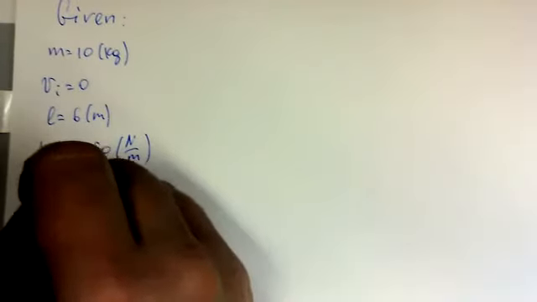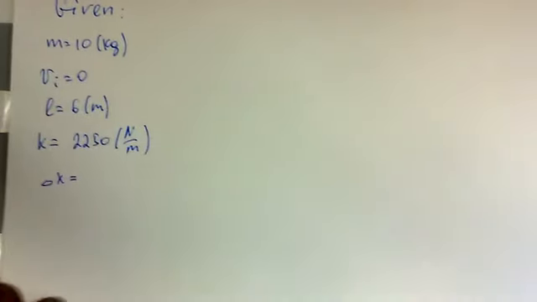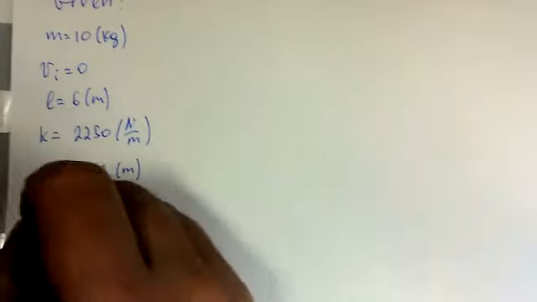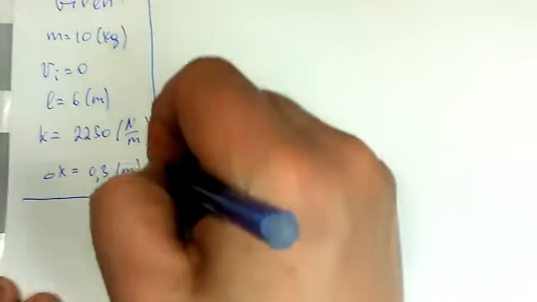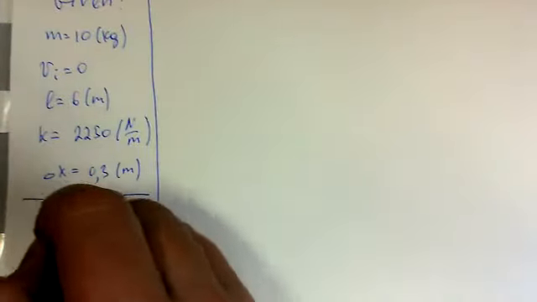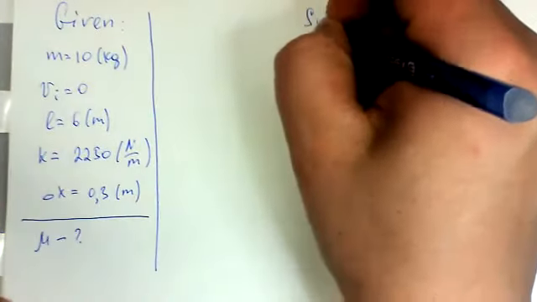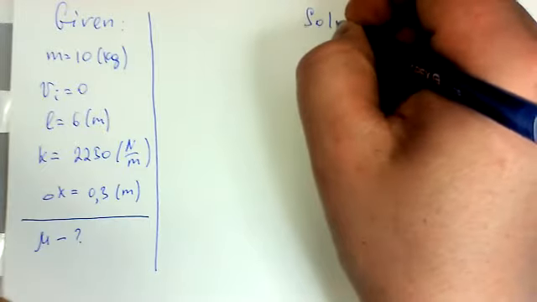And the spring is now compressed by a displacement of 0.3 meters. I need to find the coefficient of friction at the part of the track which is not frictionless.